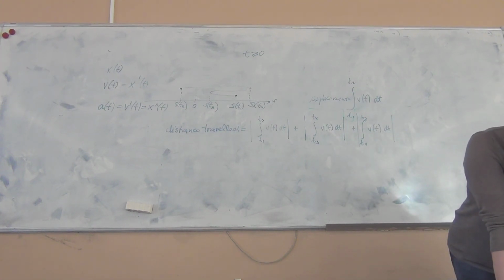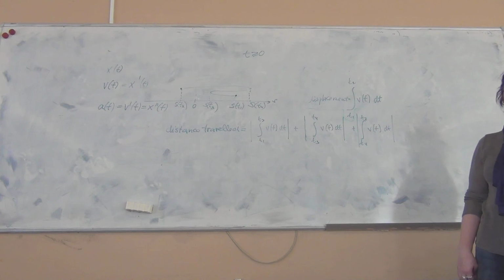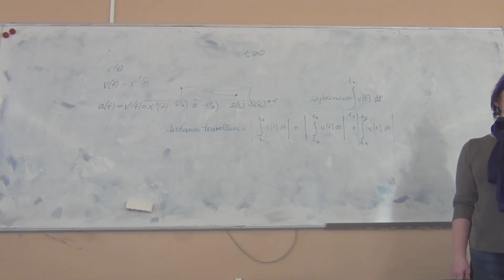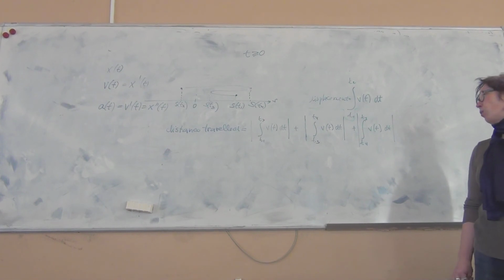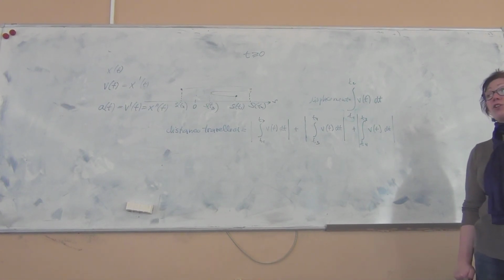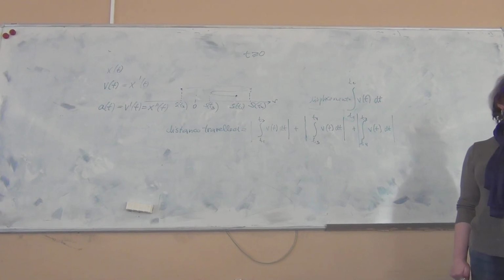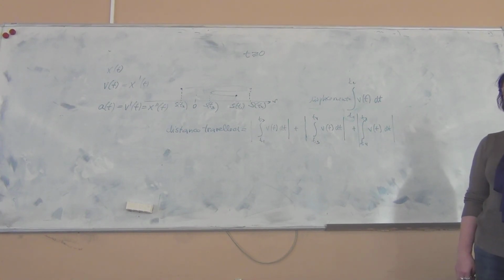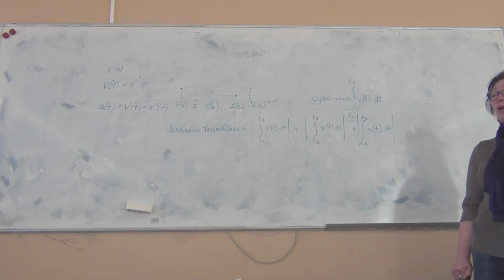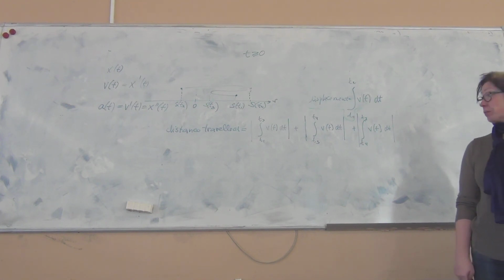Important differences. All right. So what we are going to do is draw two diagrams for this type of problem. One diagram will be for velocity, because we will need to see the sign of velocity, whether this object is moving in the positive direction or in the negative direction. And that will be on the time axis.